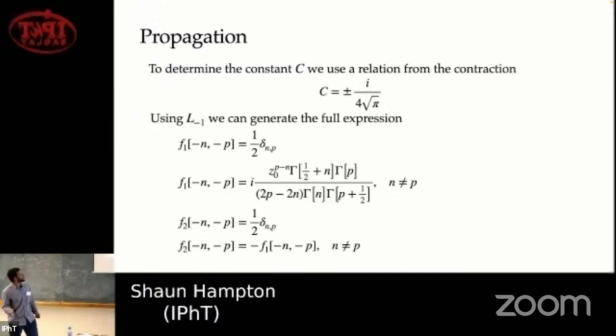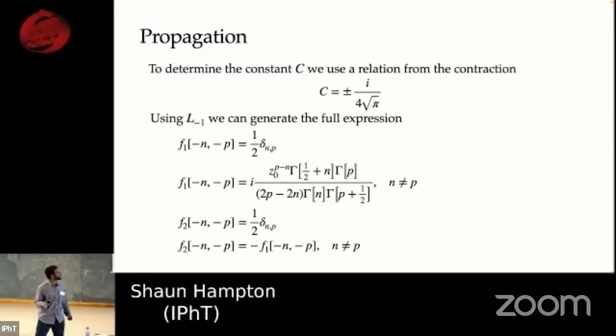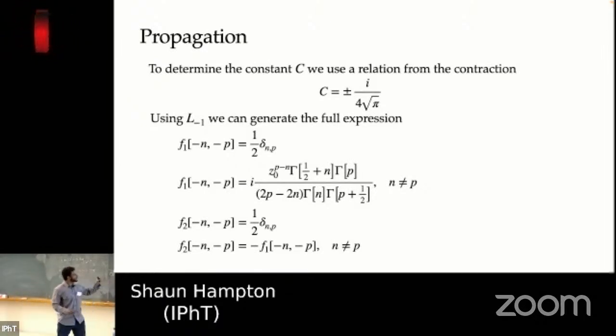And it turns out that if p equals n, you get a factor of 1/2. But that's the only integer moding you can have. The mode stays itself. But in the half integer case, you get this expression here.